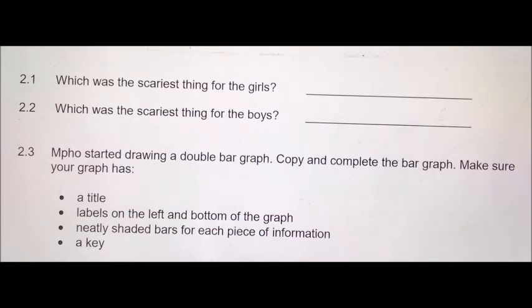Why do you need a key? You need a key because there are boys and girls results being recorded in the same graph. That's why it's called a double bar graph, boys and girls. And you need to identify which results belong to the boys and which results belong to the girls. So that's why we will probably use 2 different colors.